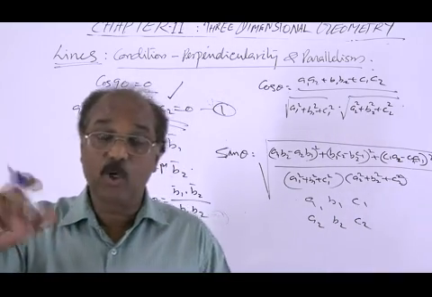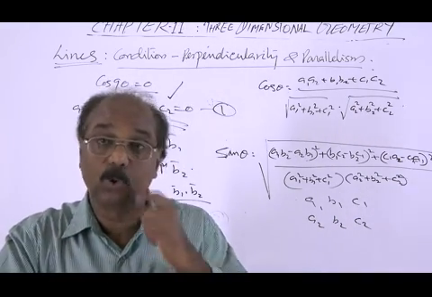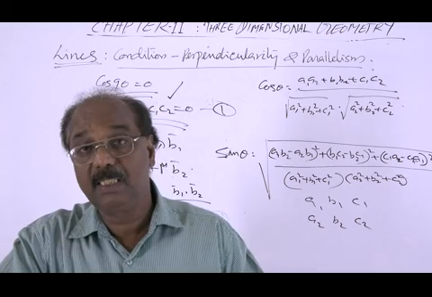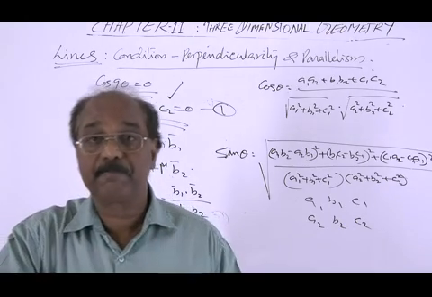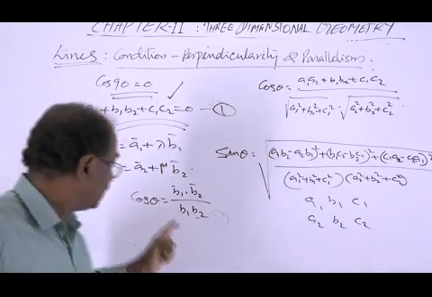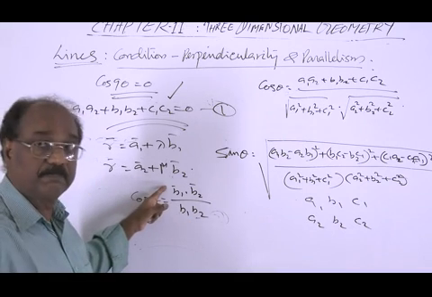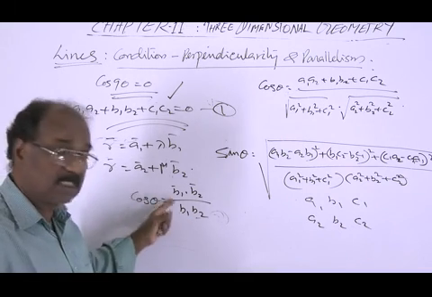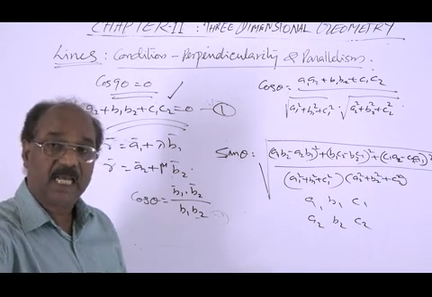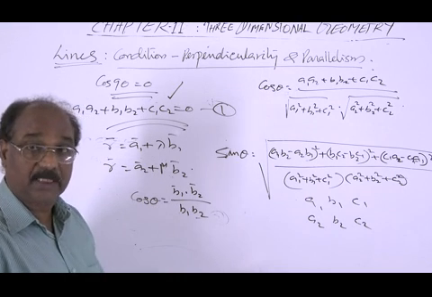The dot product a dot b is equal to ab cos theta, or cos theta equal to a dot b by modulus of a into modulus of b. So theta is equal to cos inverse of this. We can use this expression to find the angle between the two lines.